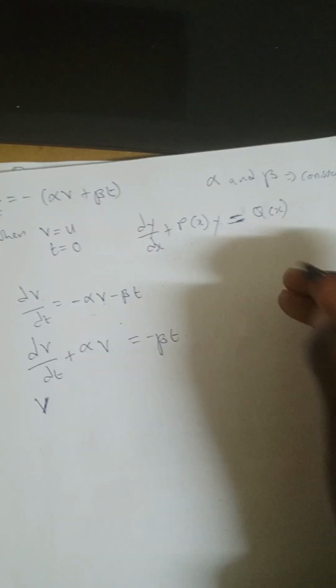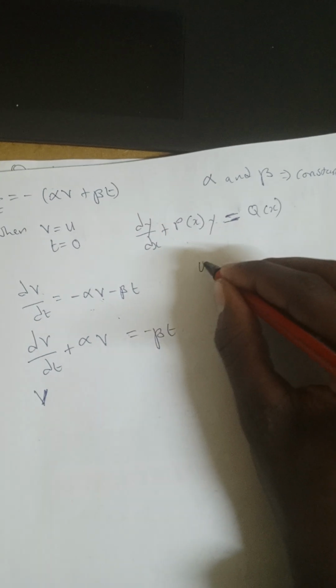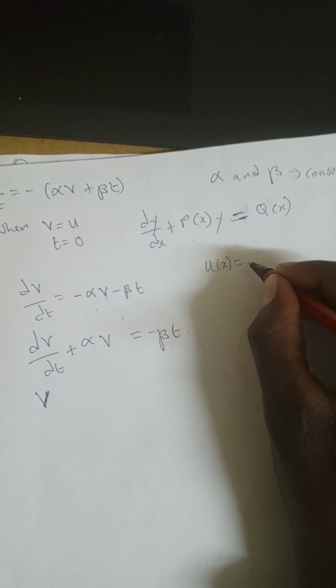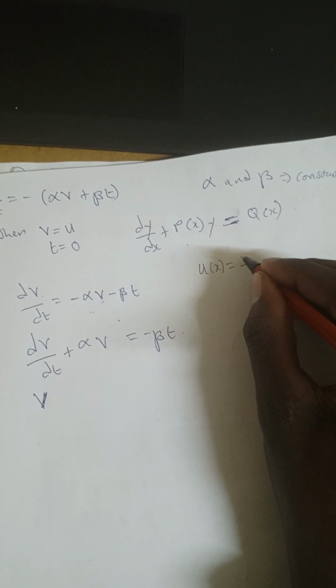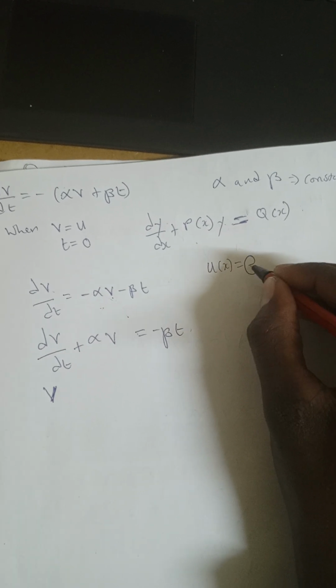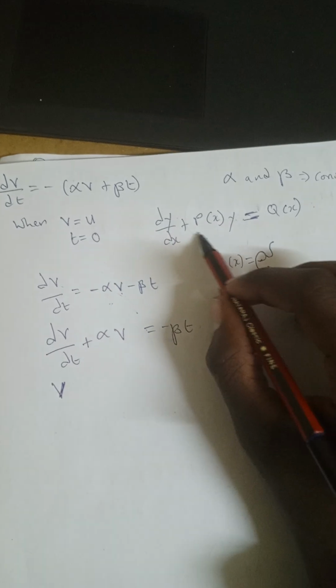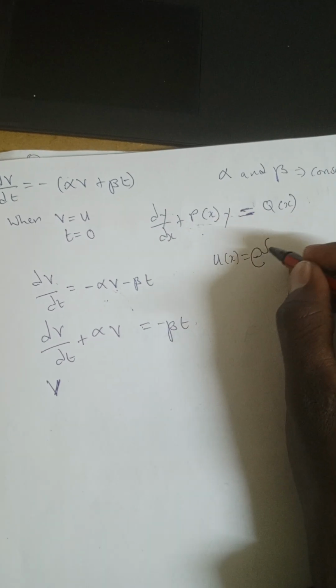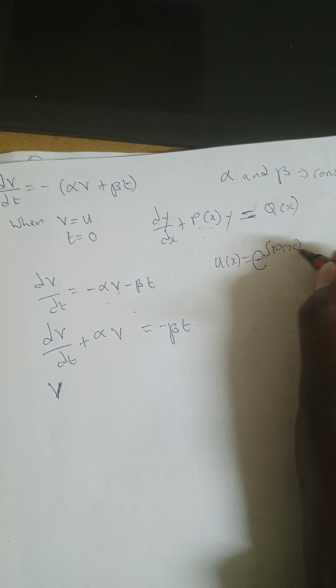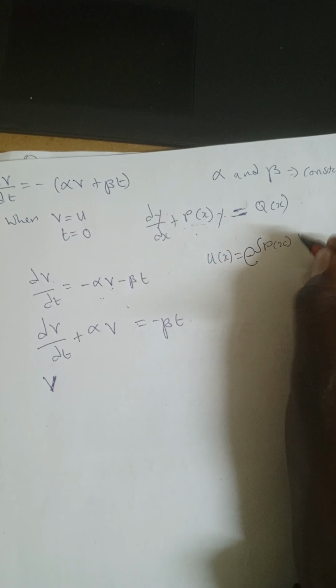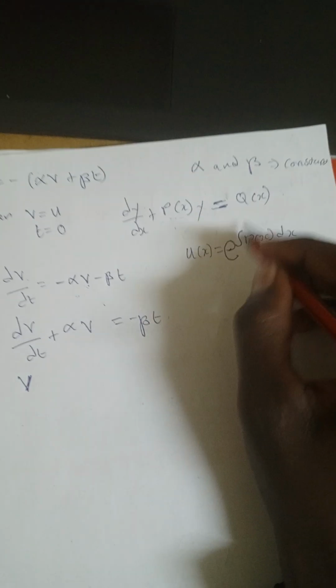The integrating factor, which I will denote as u(x), must be the exponent of the integral of whatever p(x) is with respect to dx. This is going to be our integrating factor.